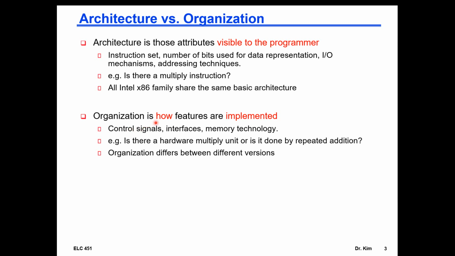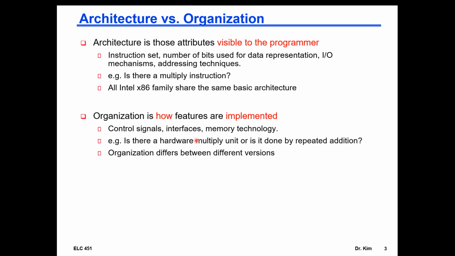Organization is how those features are implemented. What type of control signals, the actual interfaces, the memory technology. Are we going to be using the hardware for the multiply? Are we going to be doing adds and shifts and just have some state machine that loops through the adds and shifts by repeating the addition?